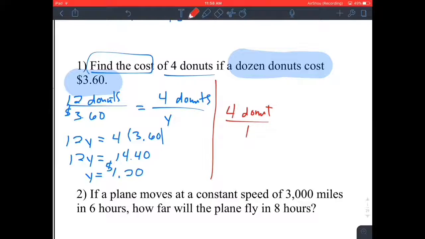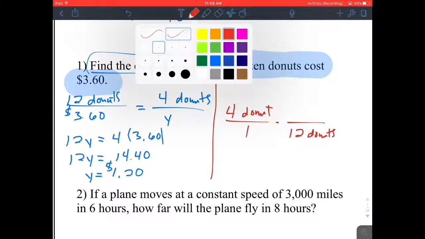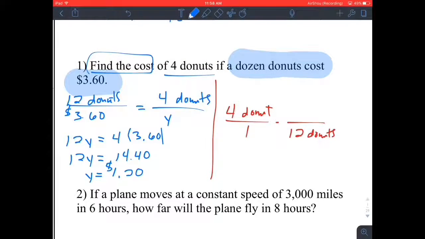We want to multiply it by something in the form of 1 so we can figure out what the cost is. Well, if we write this ratio, dozen donuts to $3.60 as a ratio, we want dozen on the bottom, so it cancels with the donuts on the top. And that is equivalent to $3.60.